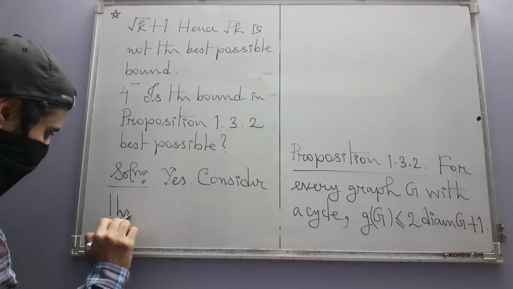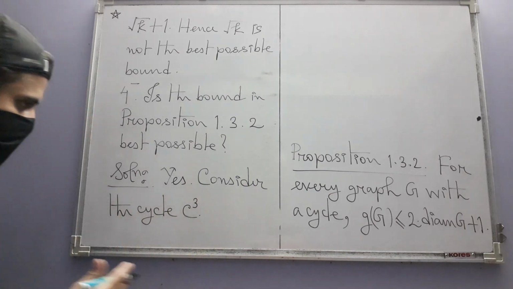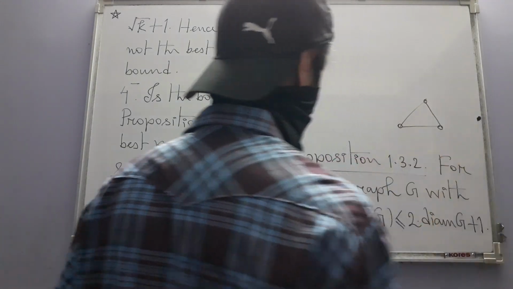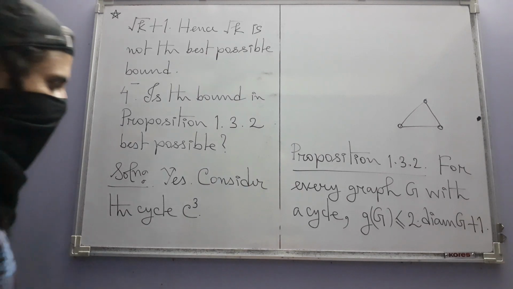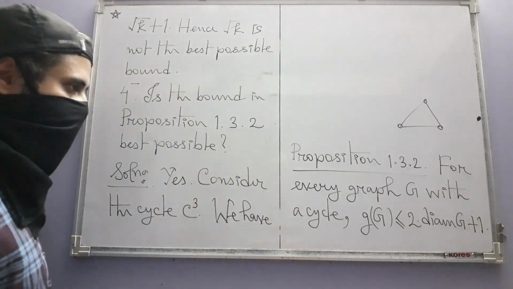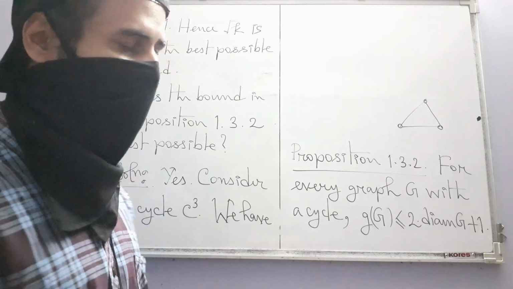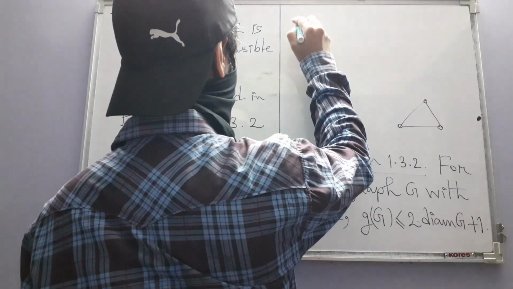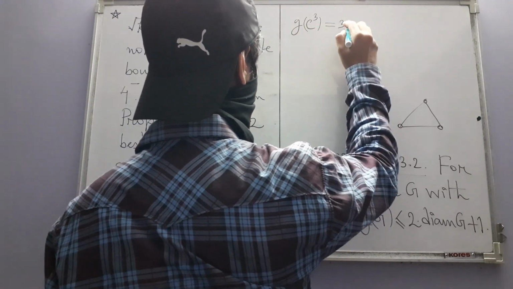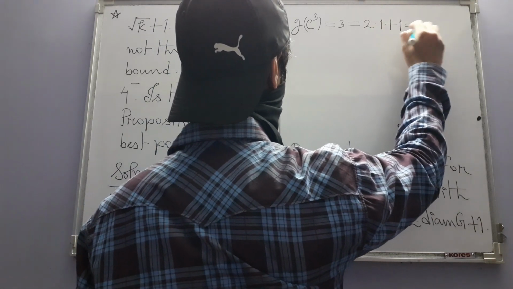consider the cycle C3, that is your triangle. Now for this graph, what is the girth? Girth is the length of the smallest cycle. It has only one cycle and its length is 3. This is equal to 3. 3 is 2 times 1 plus 1.